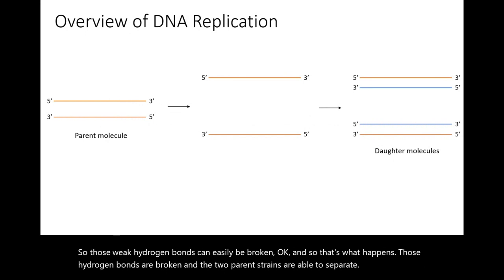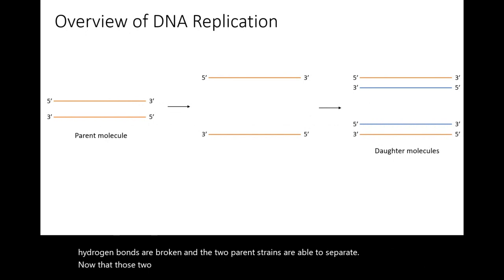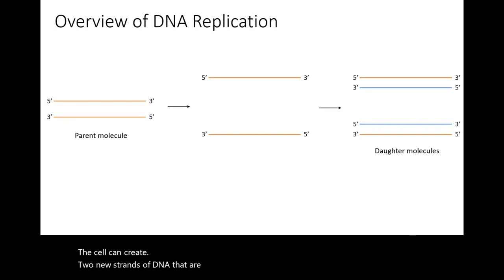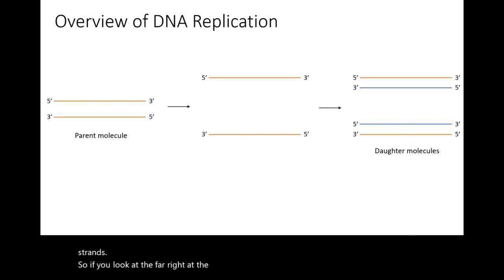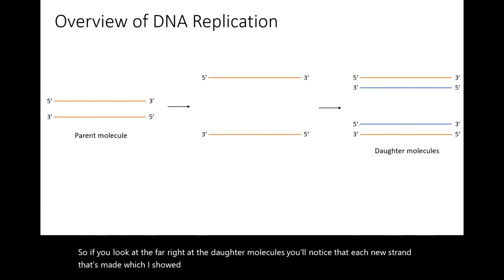Now that those two strands are separated, the cell can create two new strands of DNA that are anti-parallel and complementary to the two original parent strands. So if you look at the far right at the daughter molecules, you'll notice that each new strand that's made, which I showed in blue, is anti-parallel, which means it runs in opposite directions to the orange strand that it's with.